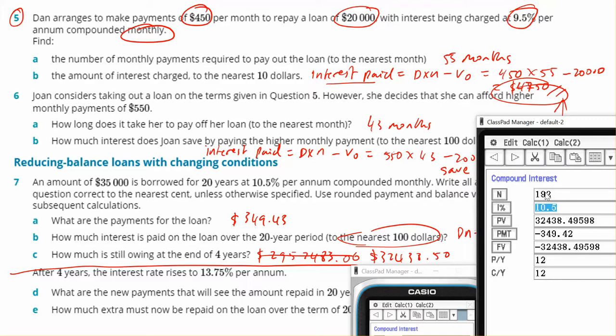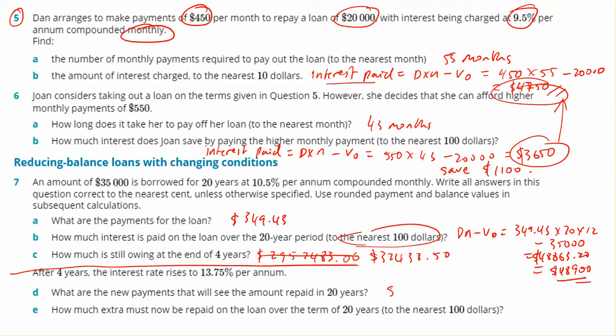Your new interest rate is 13.75, and you're trying to work out the payments. My final value is going to be 0, so it's 418.66. So what are your payments? 418.66. How much extra will be repaid in 20 years?